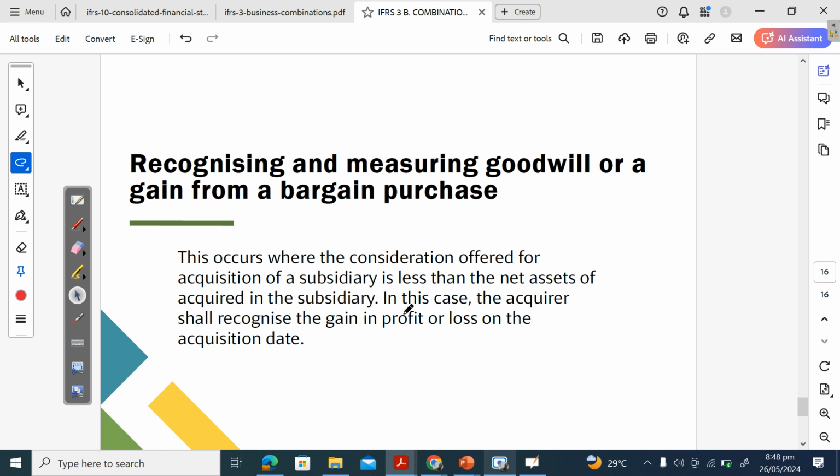In this case, the acquirer shall recognize the gain in profit or loss on the acquisition date. So when there's a gain from a bargain purchase, that gain should be treated as a gain in the parent company's financial statement. That's it for today.